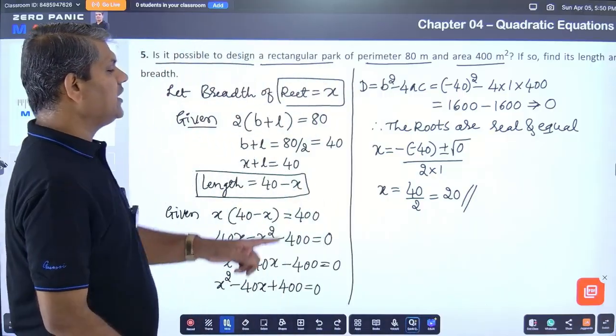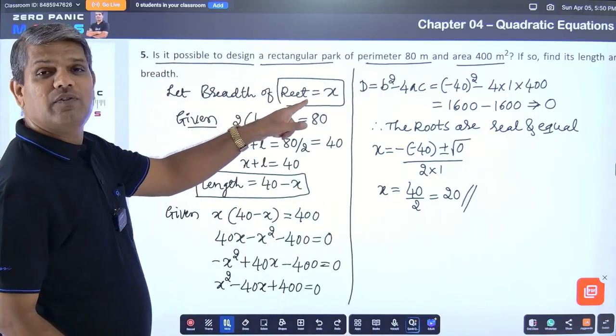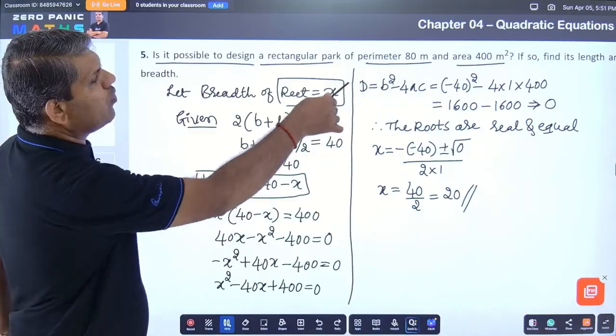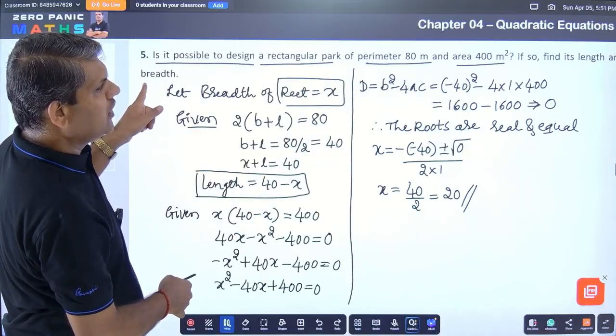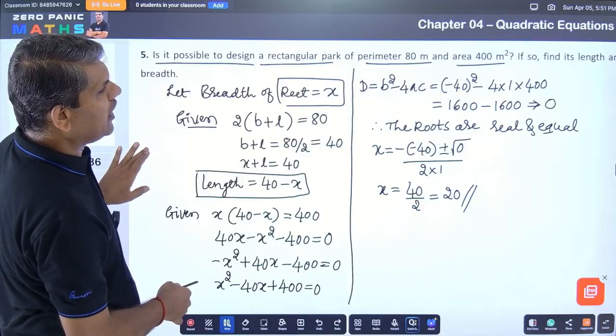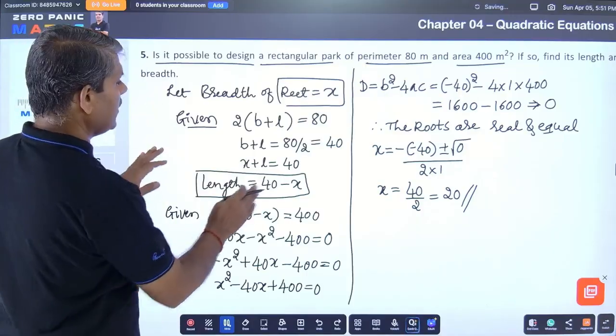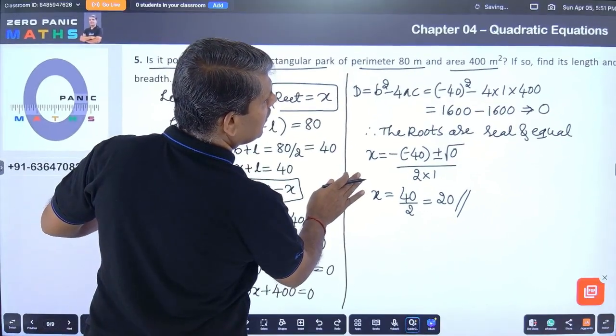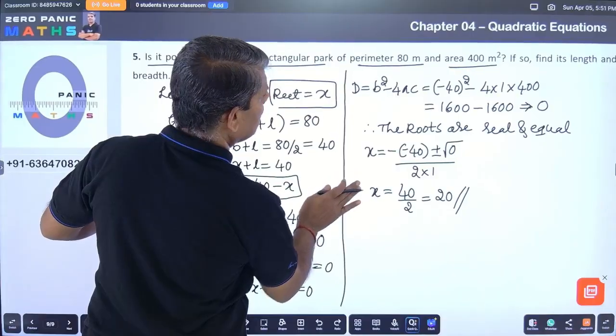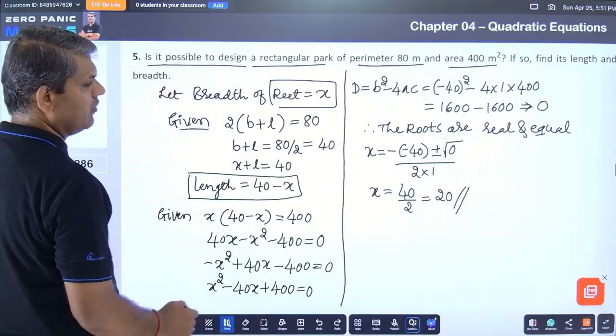So what is x we considered as breadth of the rectangle. So finally what we want is length and breadth of the rectangle. That is what they are asking. Okay. Length and breadth we are finding out.